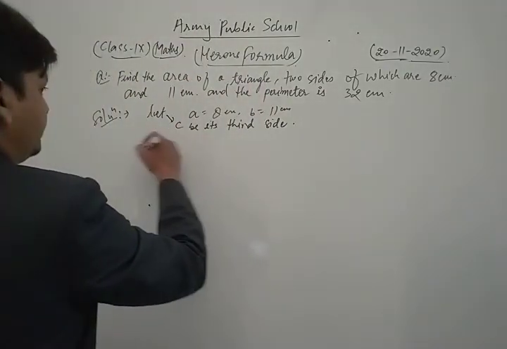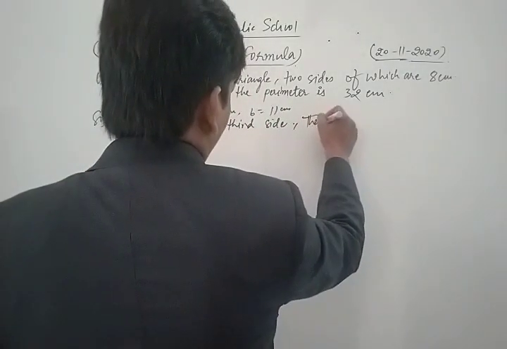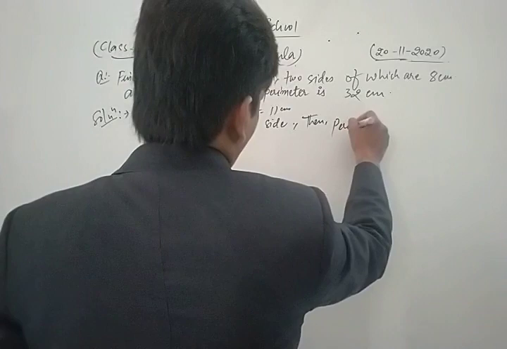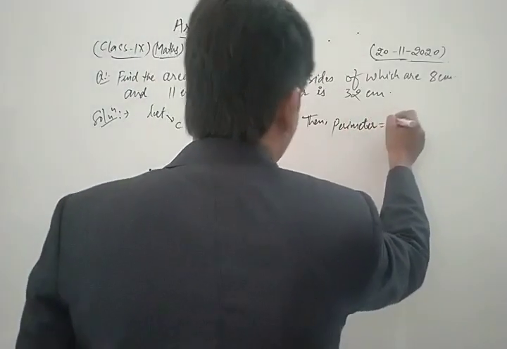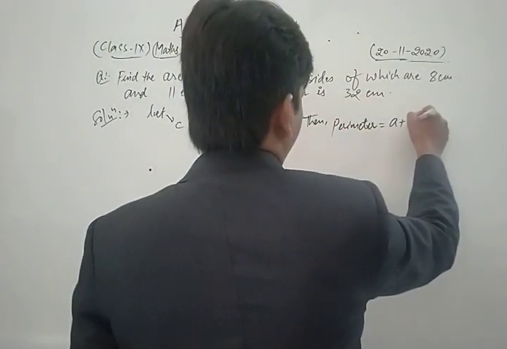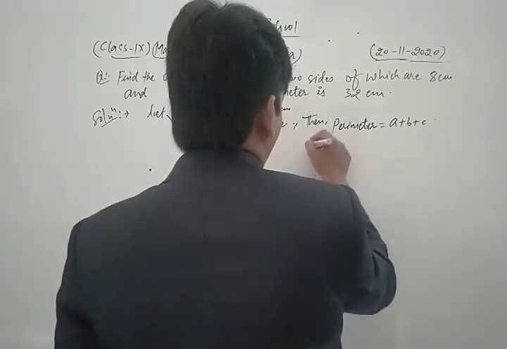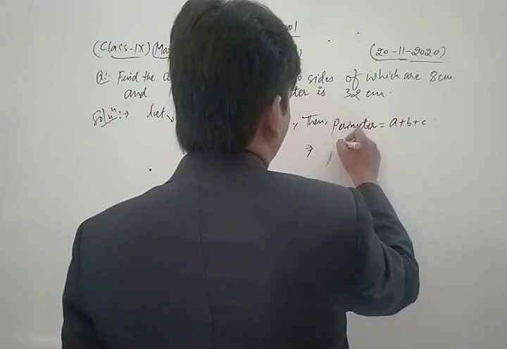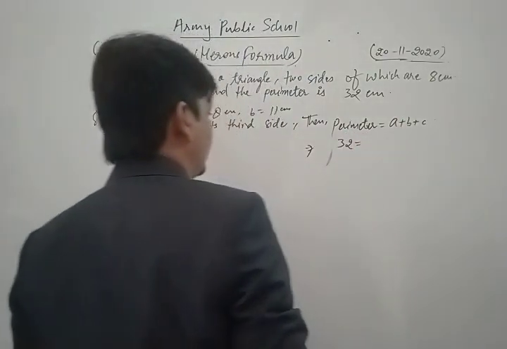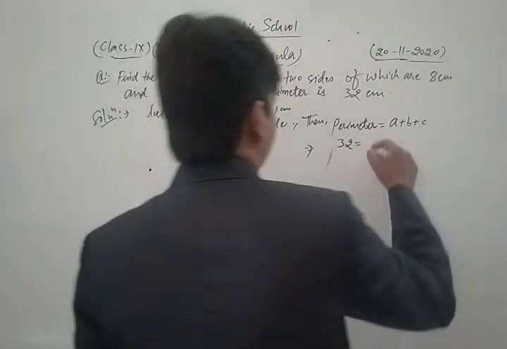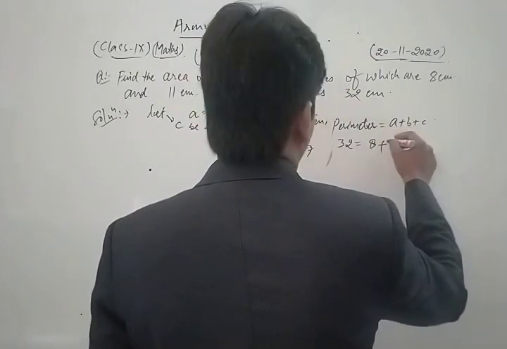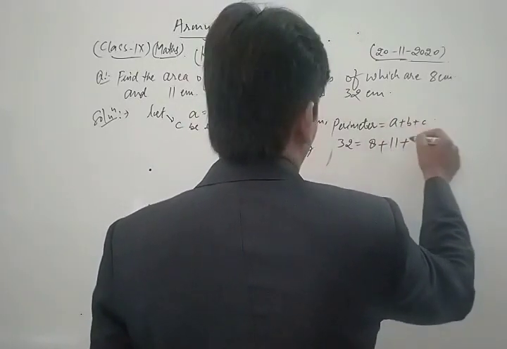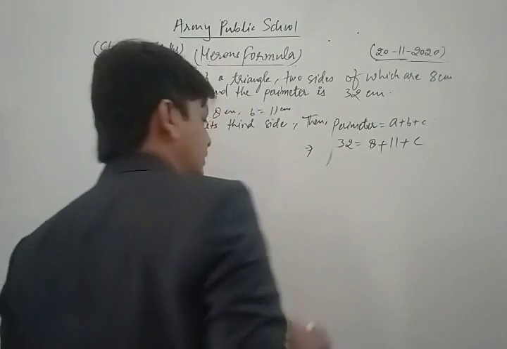Then the perimeter will be A plus B plus C, and the value of the perimeter is 32. A is 8, B is 11, and we find the third side C.